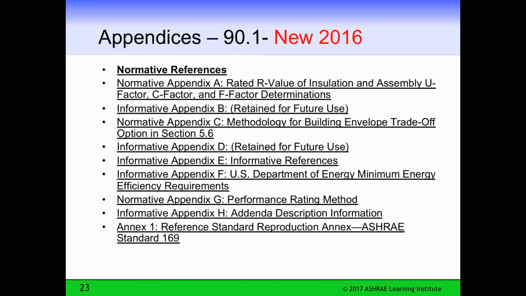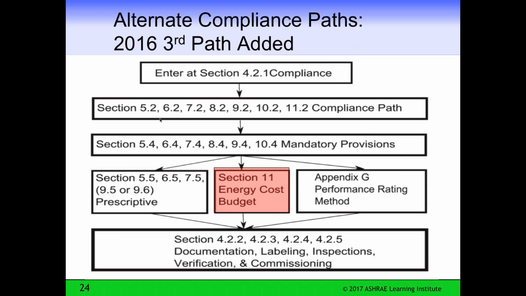This is a very new slide, and it's going to be a little easier to understand, but it's an important slide. And then in terms of alternate compliance paths, you have your prescriptive path, the fourth box down on the left. You then have section 11, the energy cost budget method, or you have Appendix G, the performance rating method.